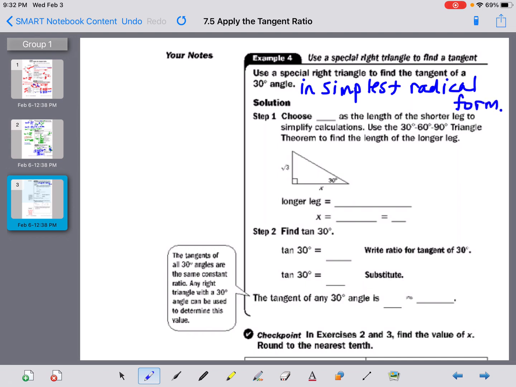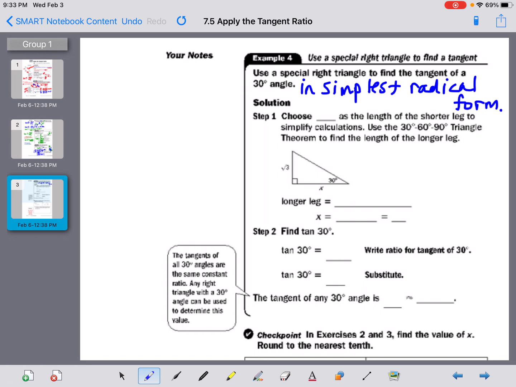They didn't start us with a triangle. I mean, you can look down here and you're like, oh yeah, they did start us with a triangle. But if or when I put this on your test, I'm not going to give you a triangle. I'm just going to tell you that I might write that exact same question. Use a special right triangle to find the tangent of a 30-degree angle in simplest radical form. Maybe that's all I give you.